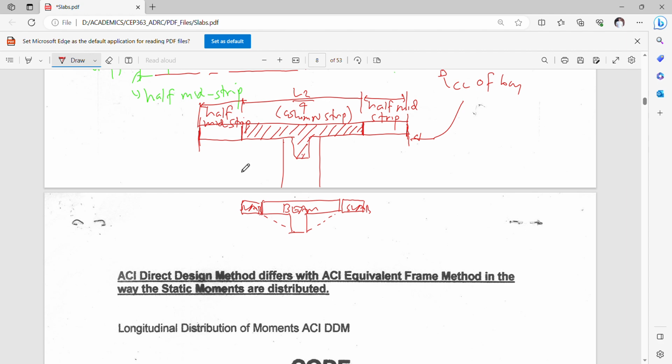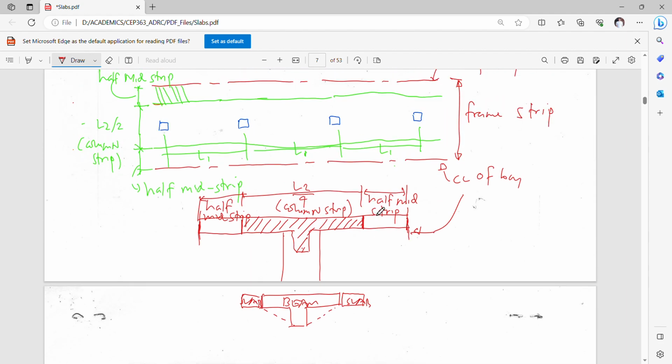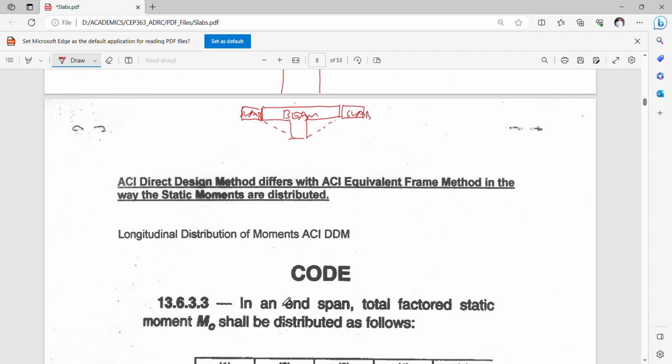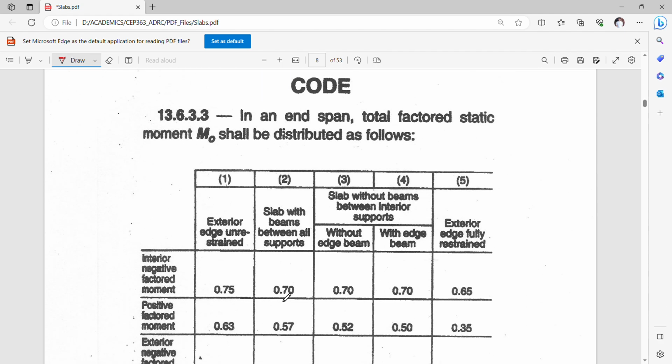Is it the direct design method or is it the equivalent frame method? So that's how the frame strip is divided for you to be able to apply this table in your choice of methodology. Okay, so we're now ready to understand how it works.